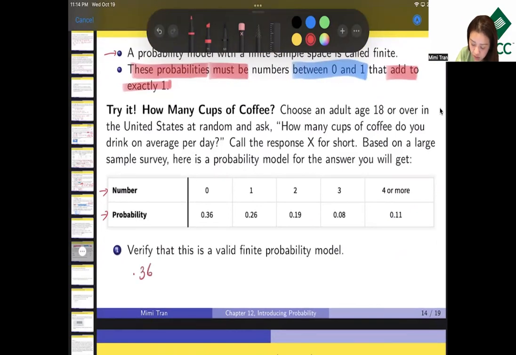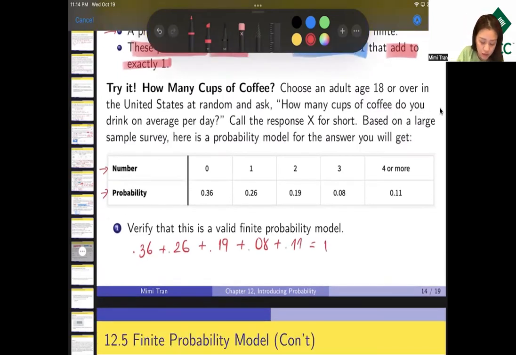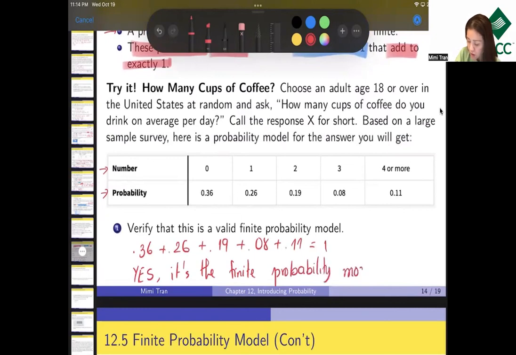So 0.36 plus 0.26 plus 0.19 plus 0.08 plus 0.11, and it's indeed equal to 1. So yes, your answer will be yes. It is a finite probability model.